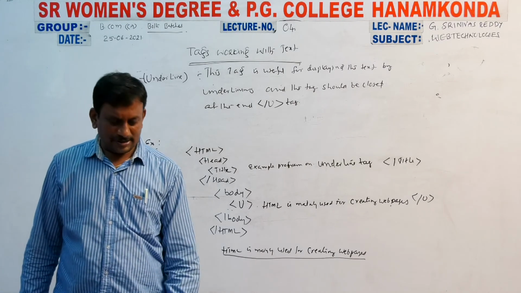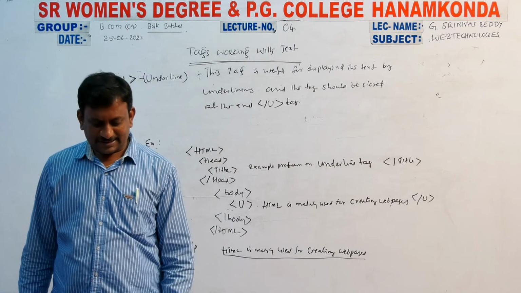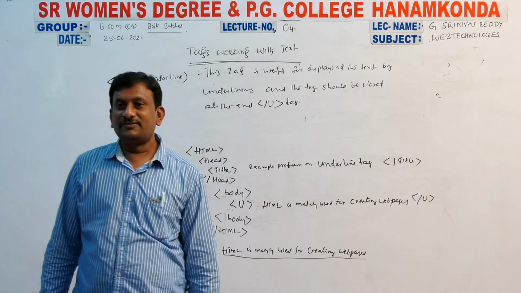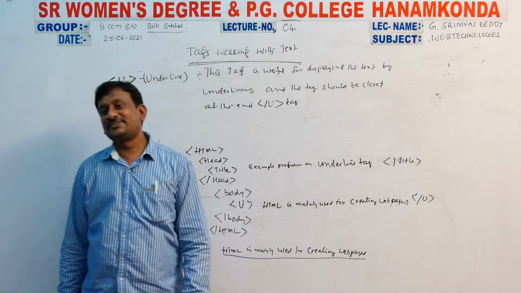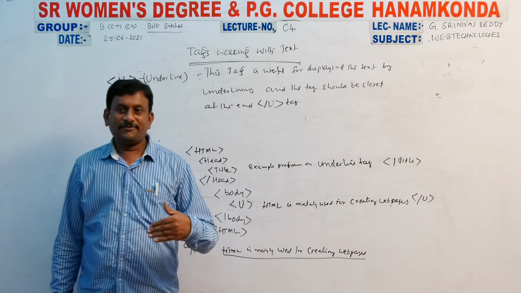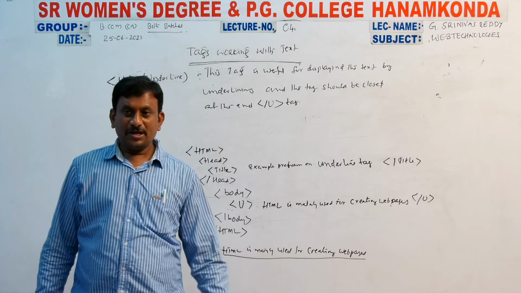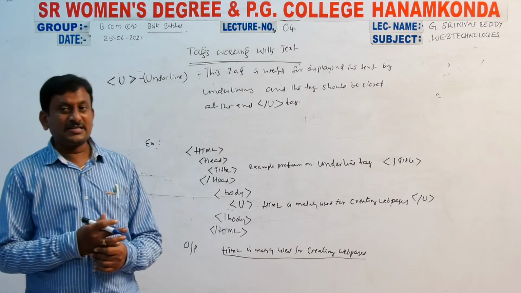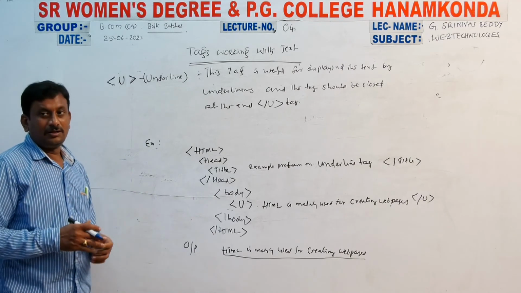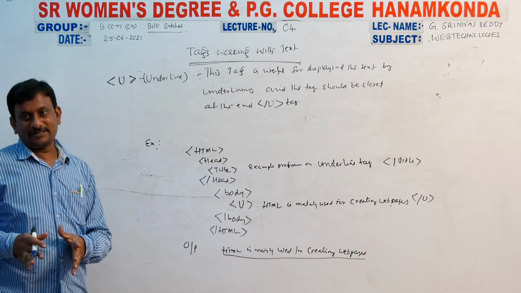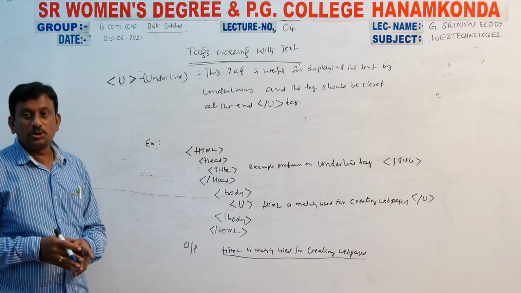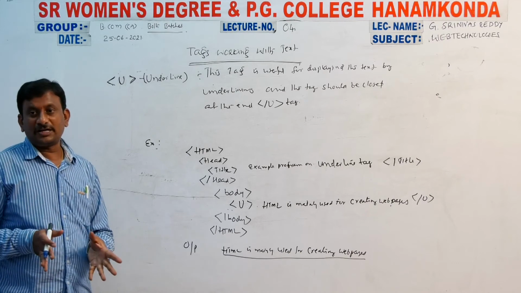There are so many tags available. Tomorrow we will discuss the continuation of working with tags, the tags working with text. For example, I already told you about B. B has a replacement, one more tag called strong tag. B or strong, both work the same. B means bold, and strong also gives bold letters.